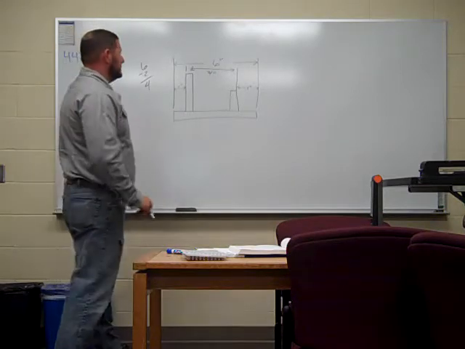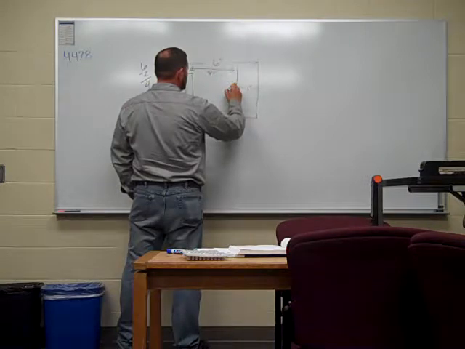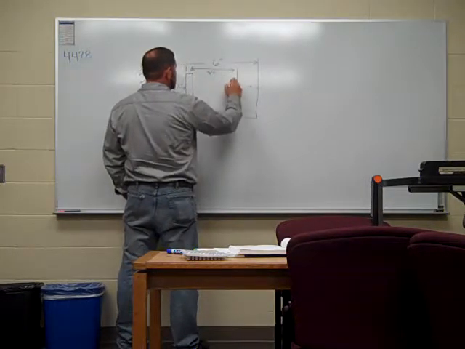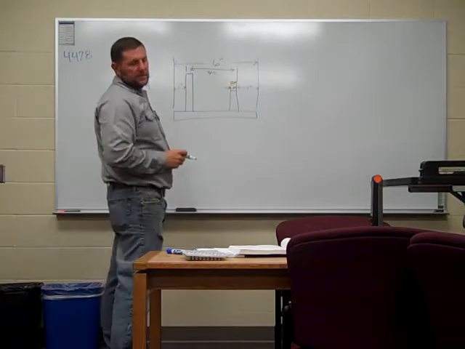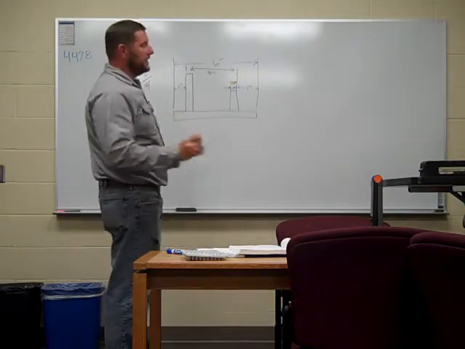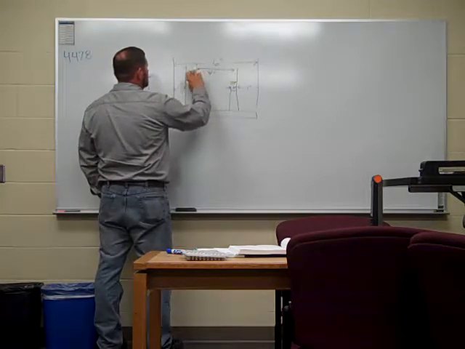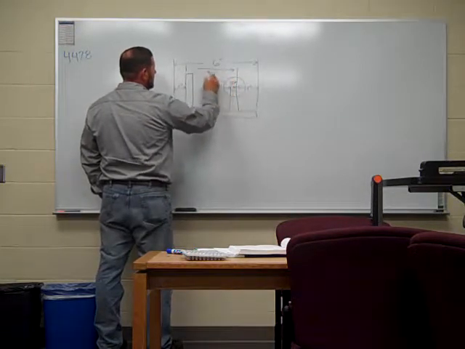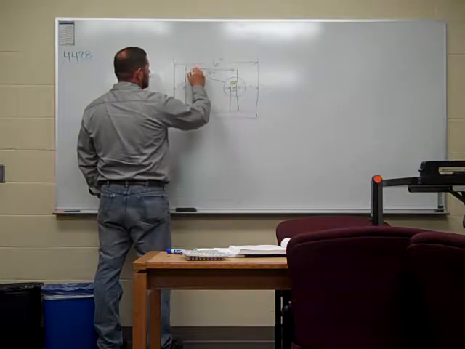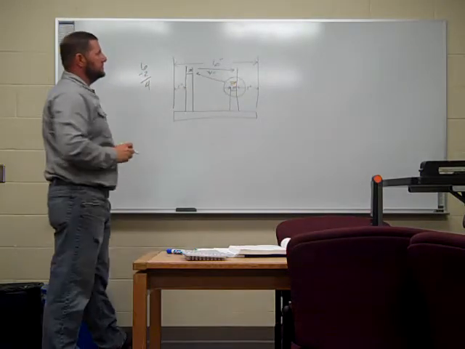Also in that little print, you see that word typical. They have 0.25 TYP. What does that mean? That word typical means if you see that thing again, typically it's going to be the same size. So that tells me that applies to here, so this dimension here is 0.25.